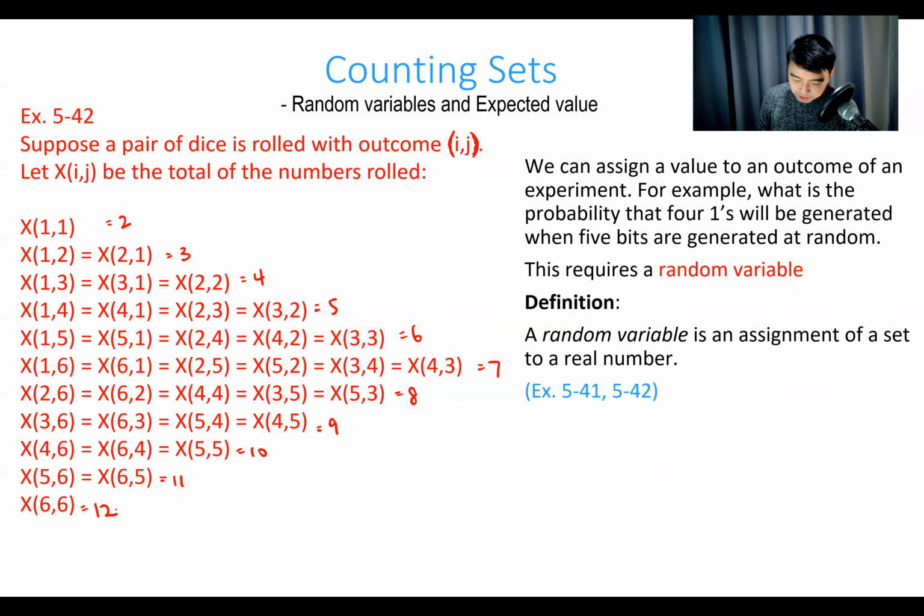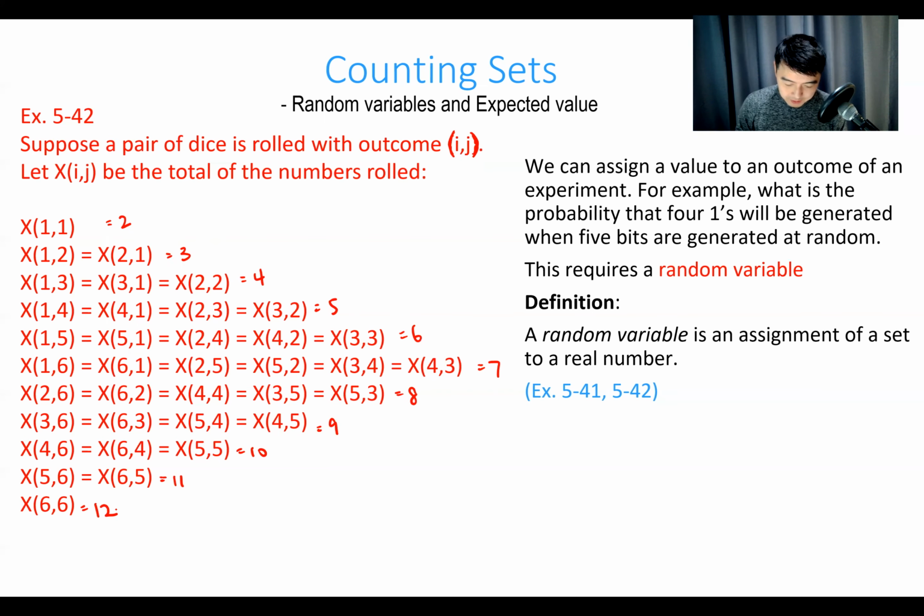All right. So another question that I can answer here is, if I throw a pair of dice, what would be an expected value? What would I expect to see most of the time when I roll these dice? Let me say that again. What would I expect as a total of these two dice when I roll them?